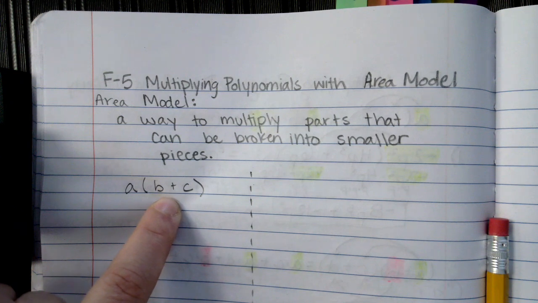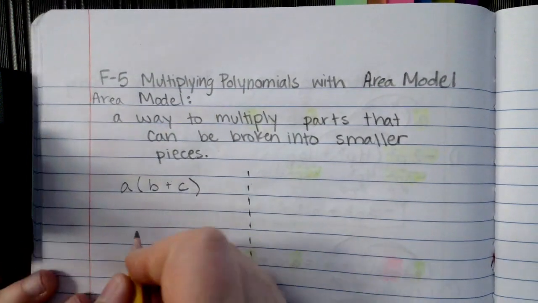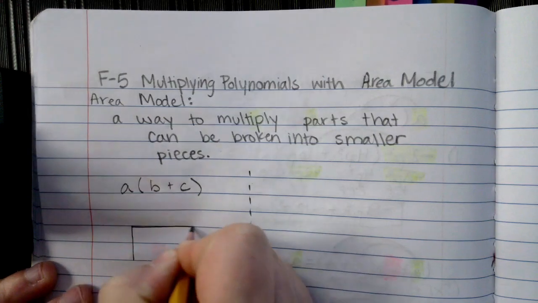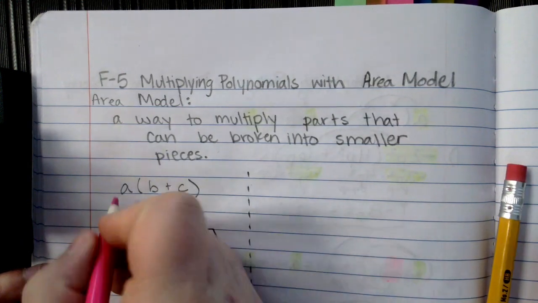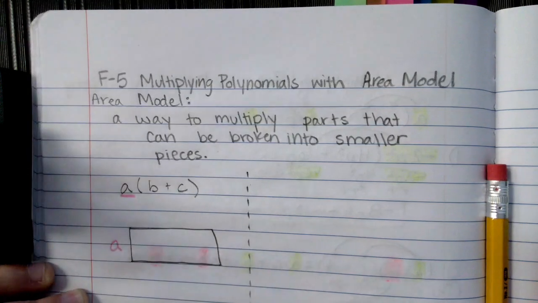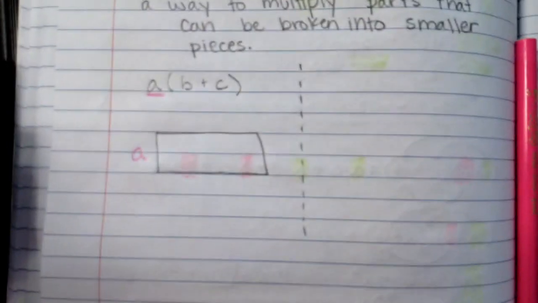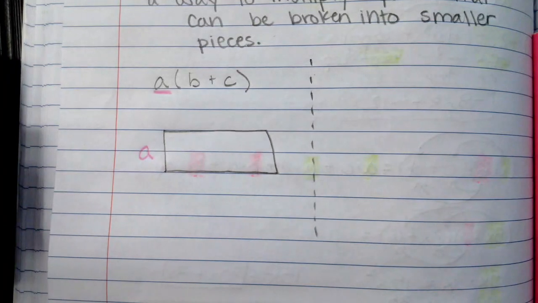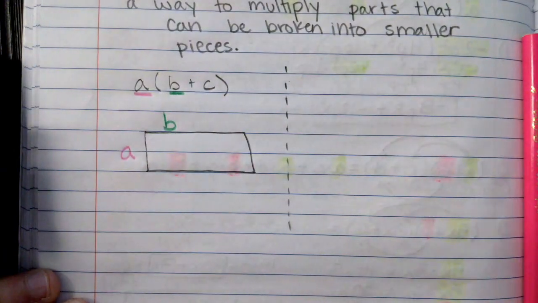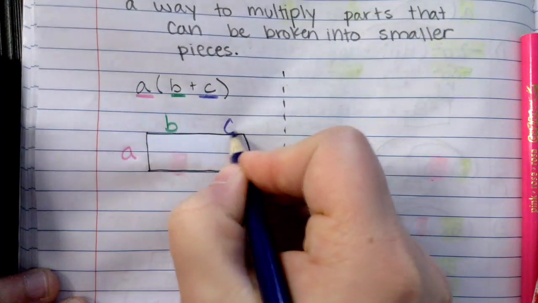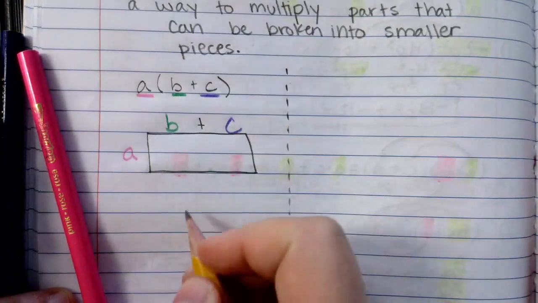So what we're going to end up doing is we create this box. In the front, I'm going to put this A. Across the top, I'm going to split apart that B plus C. So I'm going to do B plus C. Where I see that plus sign, I'm going to put the line down that box.